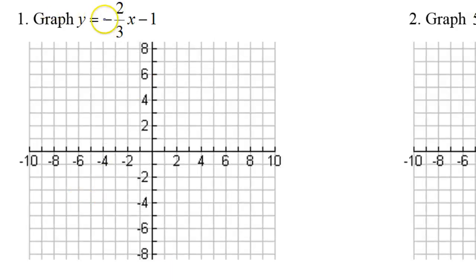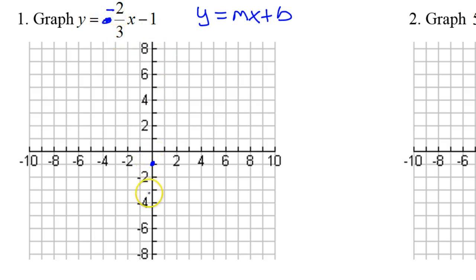All right, when we have a linear equation like this, I'm thinking of y equals mx plus b. So the b is the y-intercept, which in this case is -1. So I'm going to put my first point at -1. Then the slope is -2/3. Now think of it as -2 over 3.